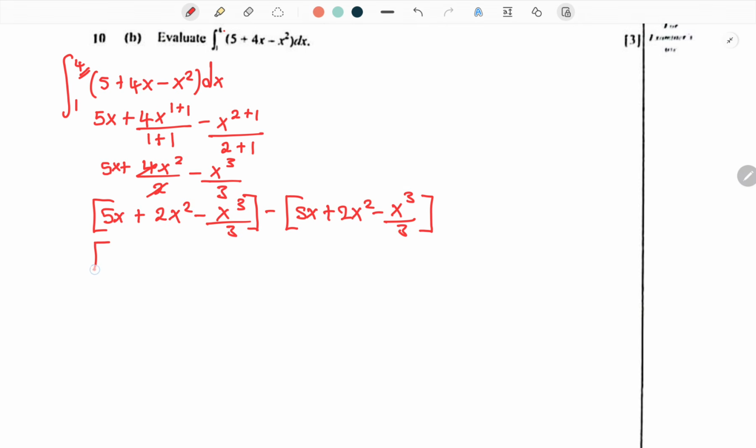So now we can do our replacements. Inside, this is going to be 5. And we put a 4 here, then a 4 here, then of course a 4 here. So this one is a 20. This one is 32.